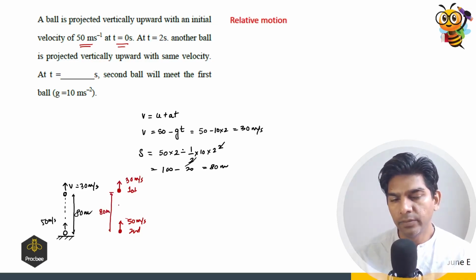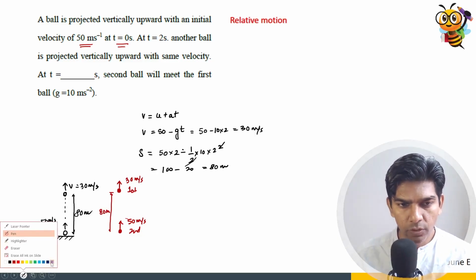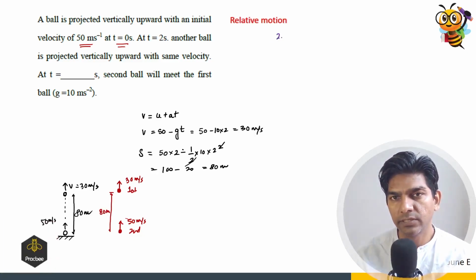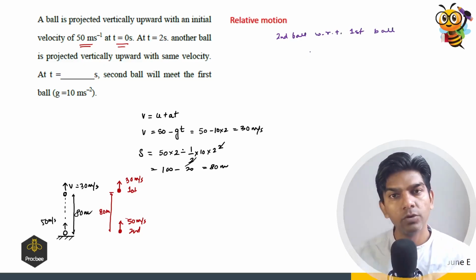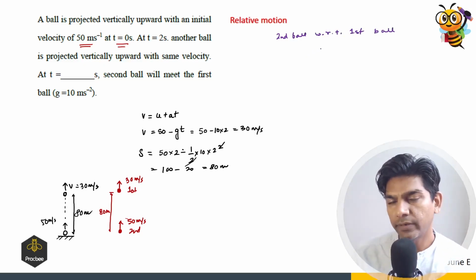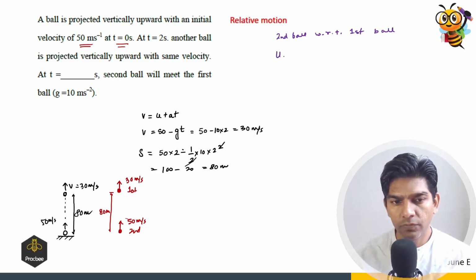Now we can apply relative motion. Let us study the second ball with respect to the first ball. When we are observing the second ball with respect to the first ball, the first ball will be at rest. The initial velocity of second with respect to first will be u2 minus u1.